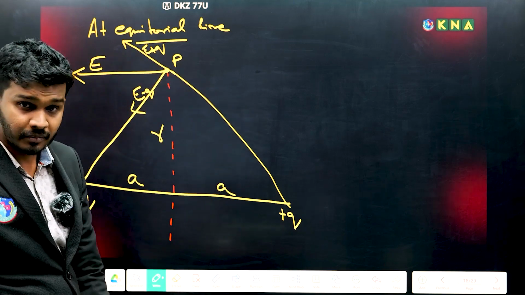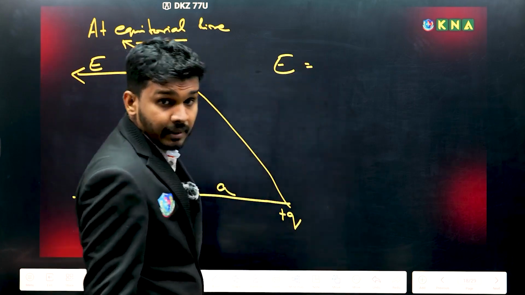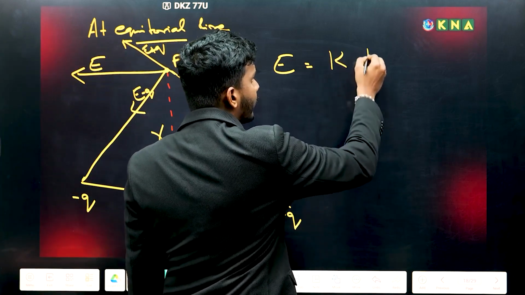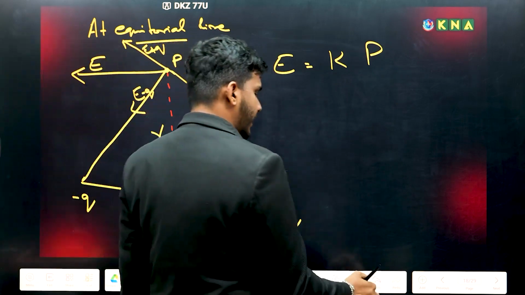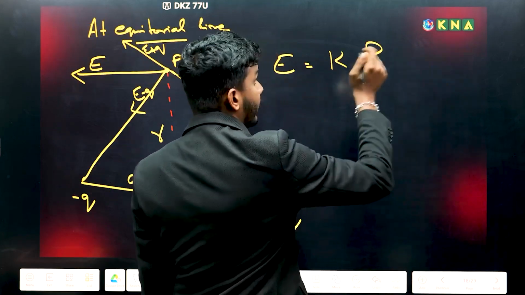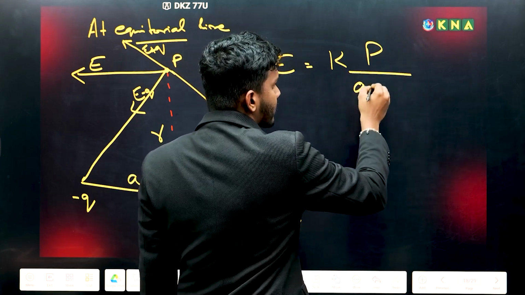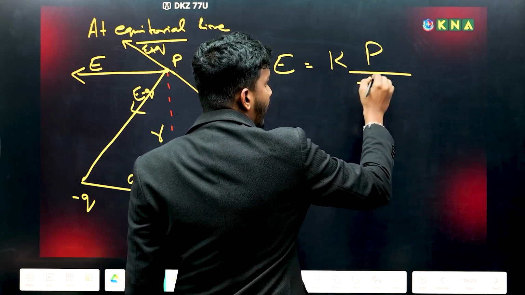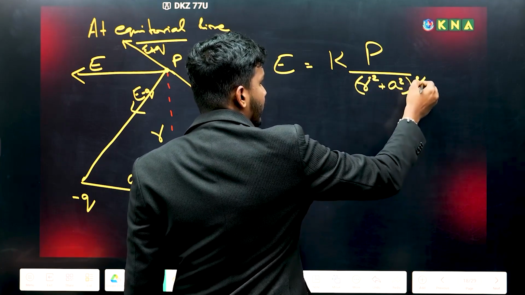Resultant is here. Then what is the net, total electric field at the equatorial line? The total electric field at the equatorial line is equal to K into P divided by (R square plus A square) the whole power 3 by 2.